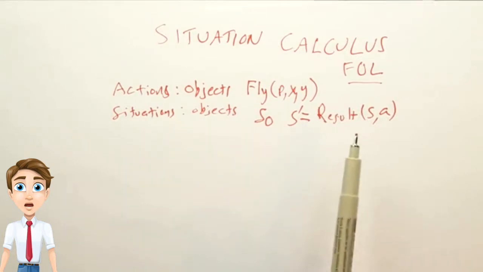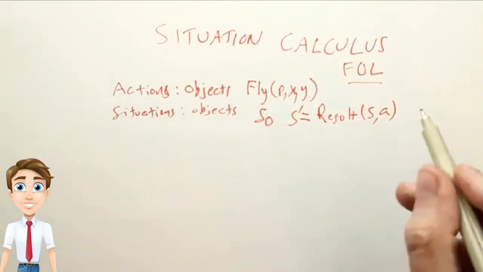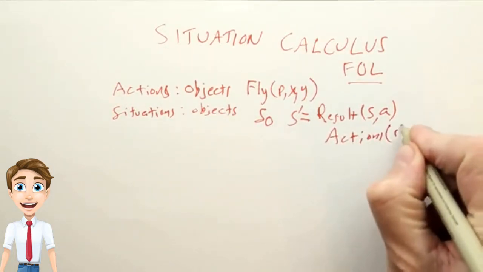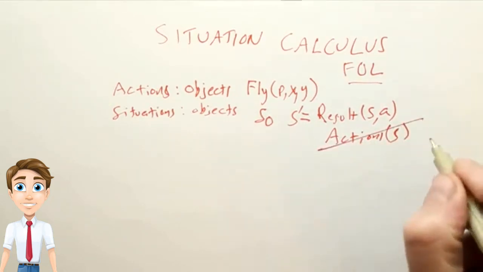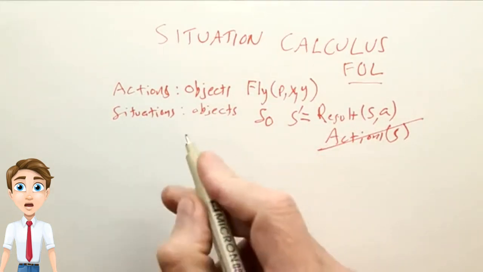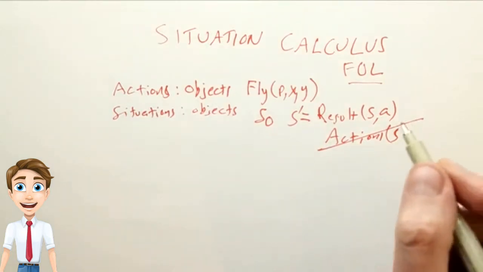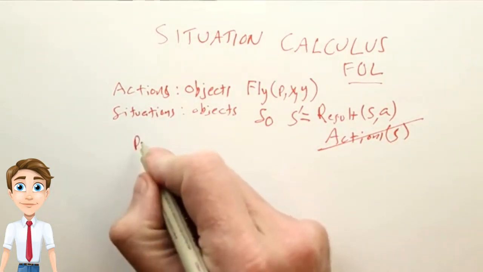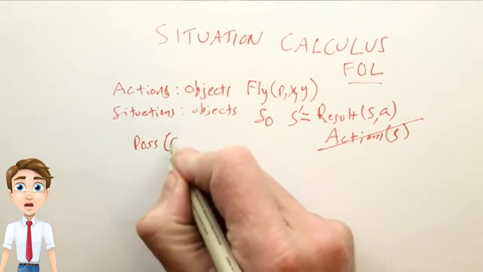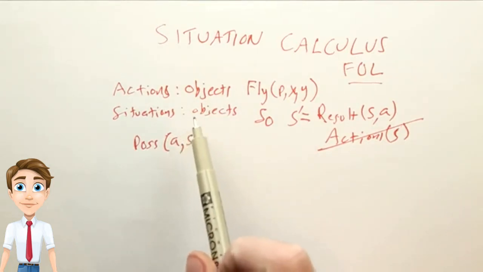And now, instead of describing the actions that are applicable in a situation with a predicate actions of S, situation calculus for some reason decided not to do that. And instead, we're going to talk about the actions that are possible in a state, and we're going to do that with a predicate. We have a predicate possible of A and S, is an action A possible in a state.